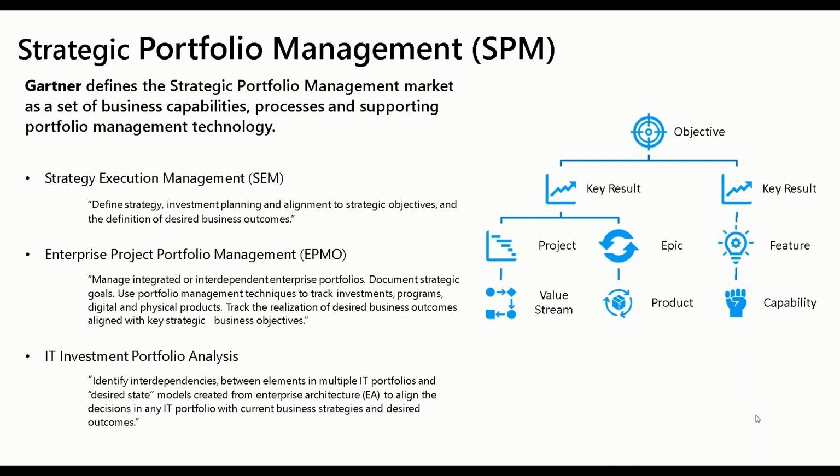So the first thing I want to do is make sure that everybody understands what strategic portfolio management is. It's a topic that is dear to our heart. We build our solution around it. One of the primary scenarios or use cases that we address actually is comprised of three different use cases. And even within those use cases, there are sub-use cases.